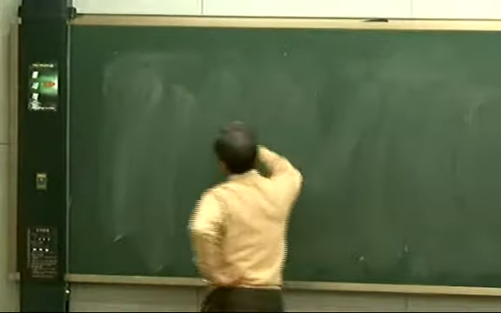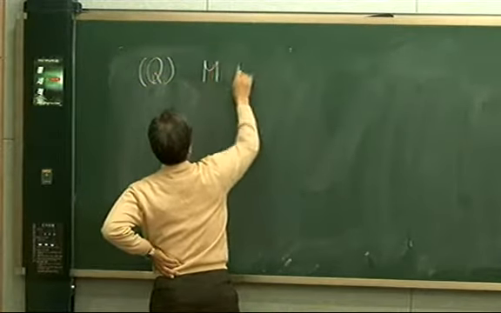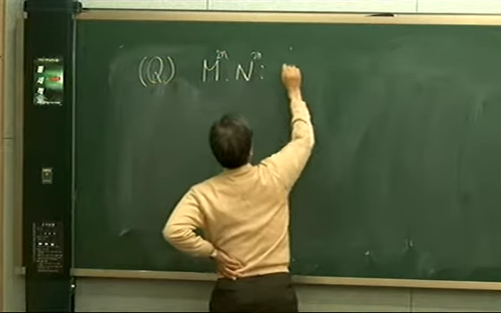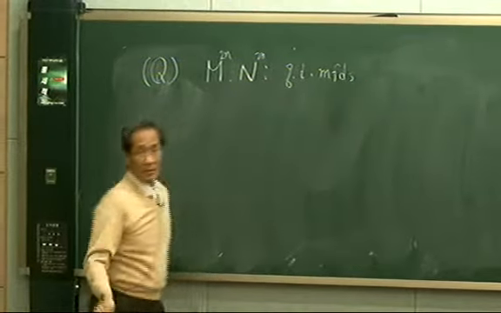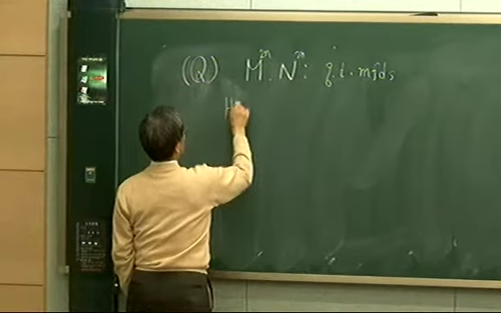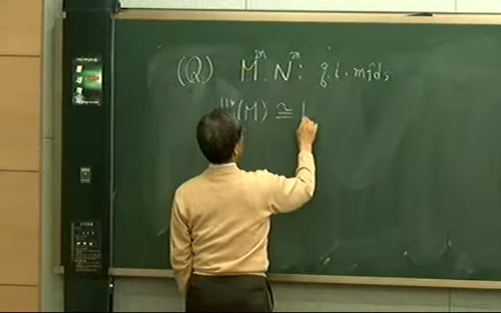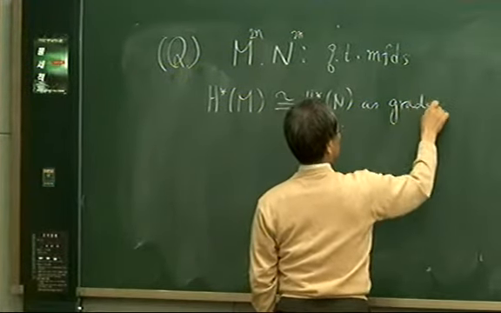So the question is, suppose M and N are two 2n-dimensional quasi-toric manifolds, and their cohomology rings are isomorphic as graded rings.